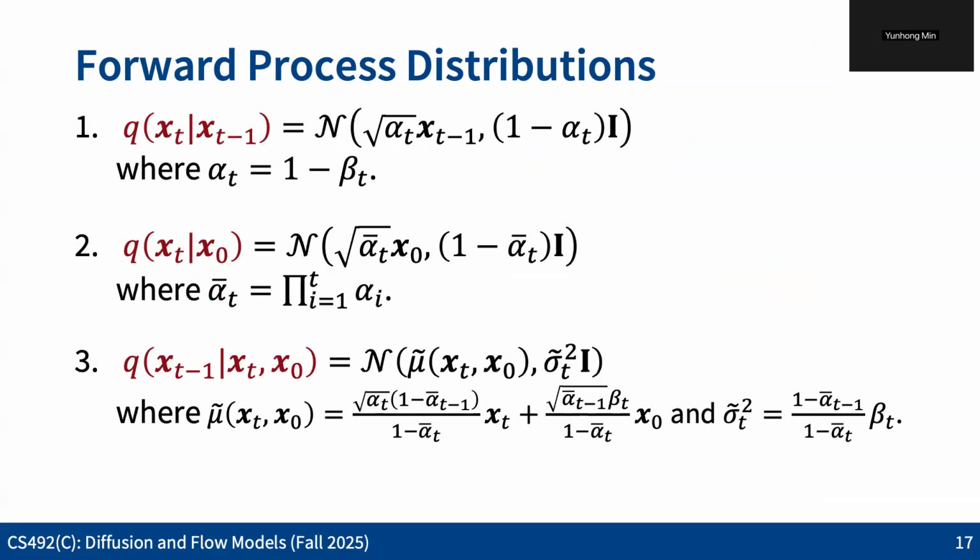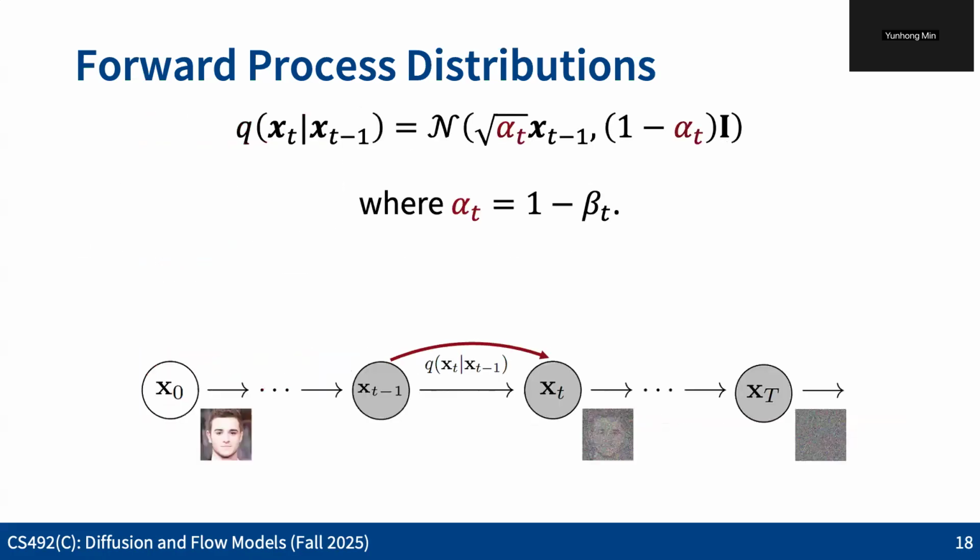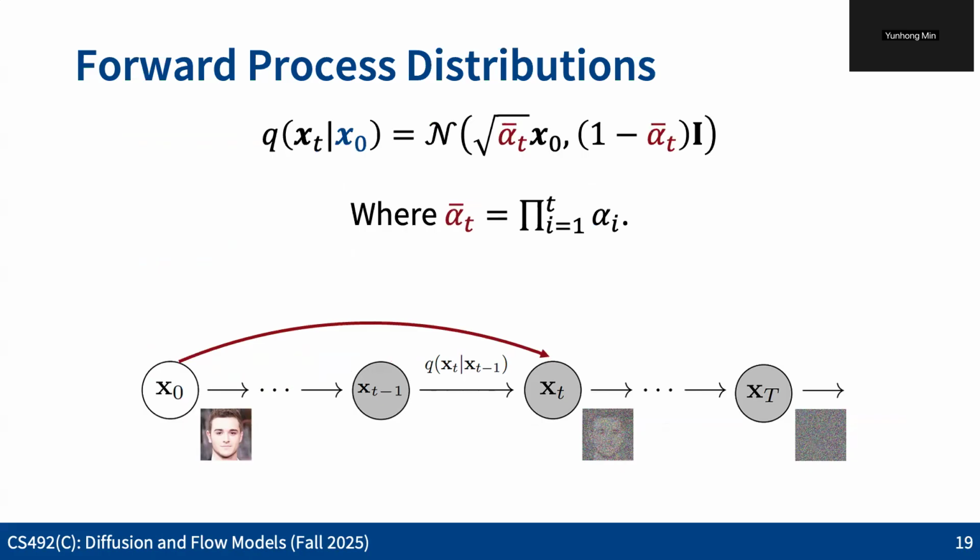As you have seen, this is something that we defined, right? The transition distribution. Based on that, we derived this, the jumping distribution. Let me go one by one. This is the distribution that we defined for two consecutive latent variables. Now we can sample the xt from the xt minus 1. Based on that, we could also derive the closed form for what I call the fold jump distribution, jumping from the x0 to the xt.